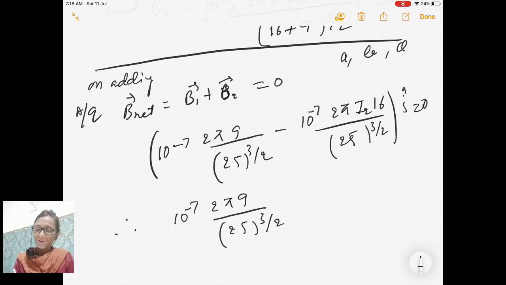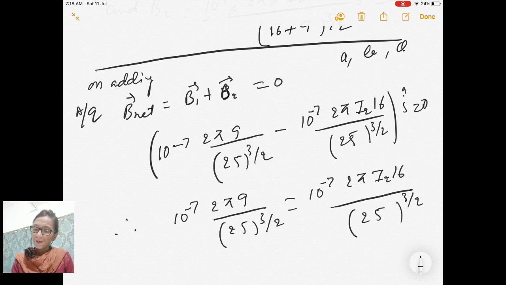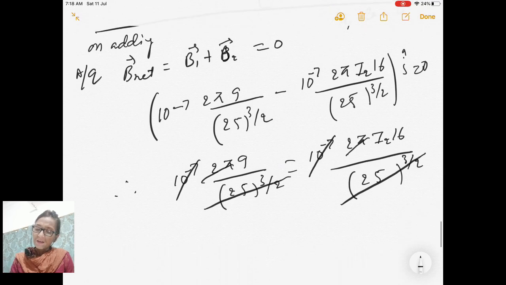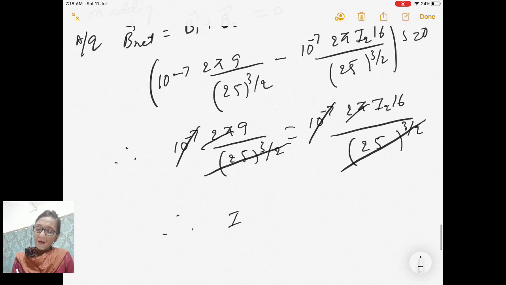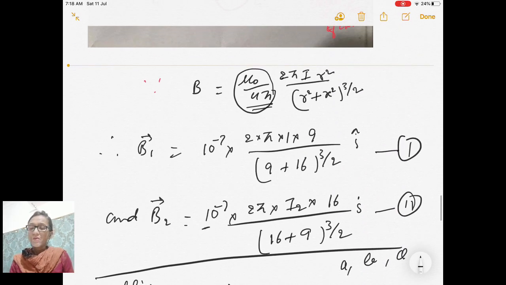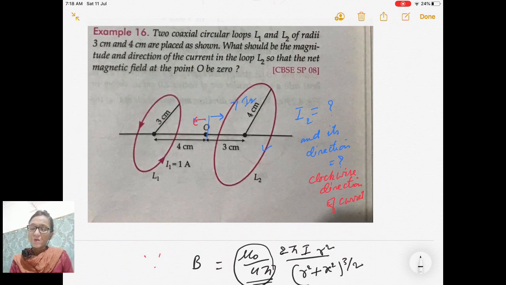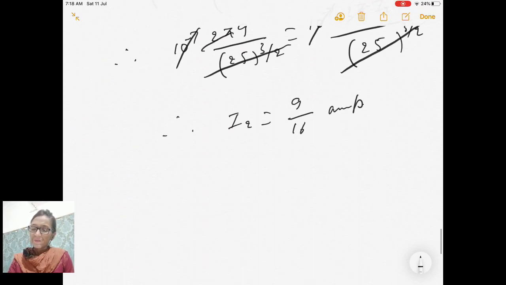I am not simplifying because it is going to cancel from the two sides. So this is cancelled, this also got cancelled, 2 pi cancelled. Therefore I2 is equal to 9 upon 16. This is in ampere, and I have already written that the direction is clockwise.